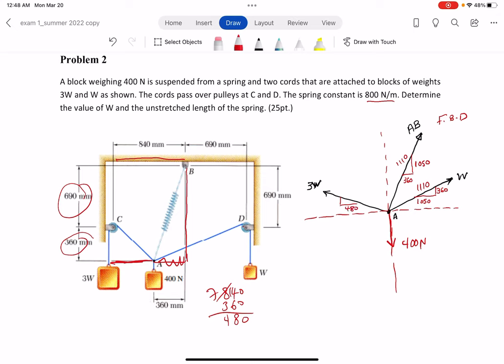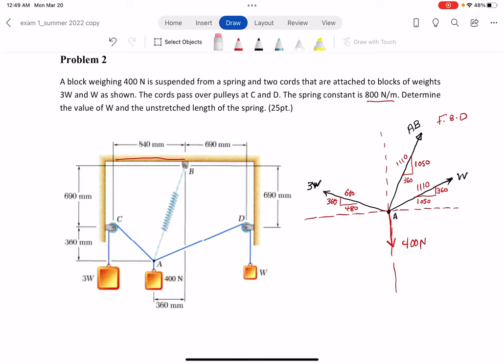The y value of the slope is 360, so the hypotenuse will be 600. So now we have everything.